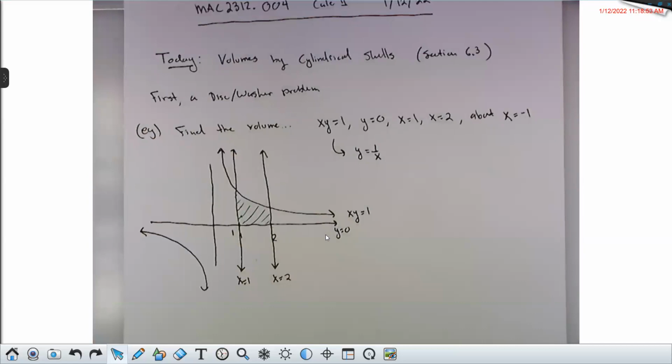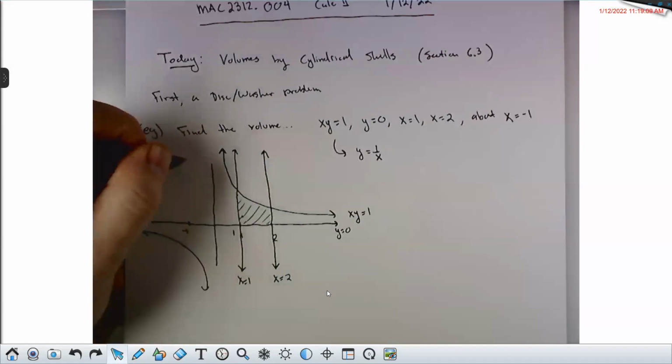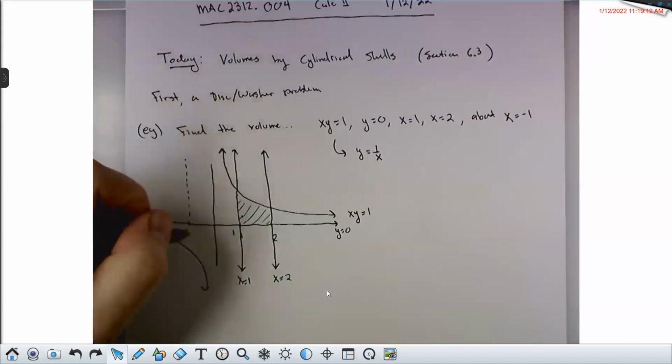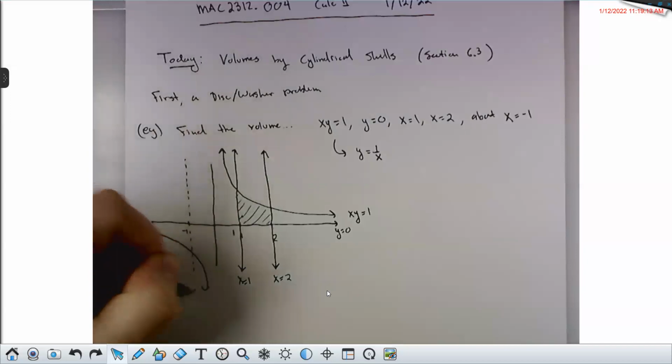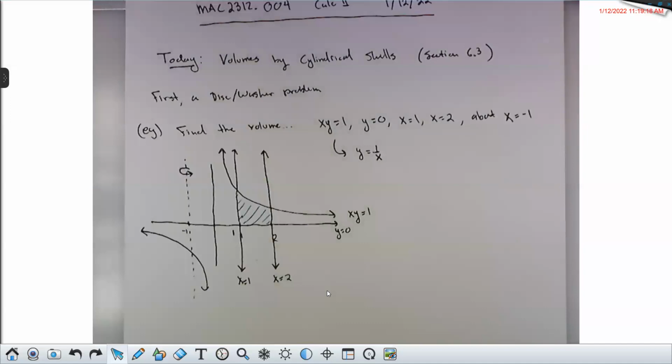Remembering the steps that I outlined for you before, your first steps are to draw the curves and identify the region. So that's what we've done here. Your next step is to draw in the axis of rotation, which in this case is the vertical line, x equals -1. So this right here is my axis of rotation.